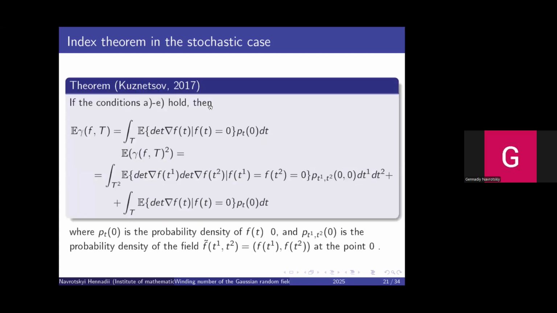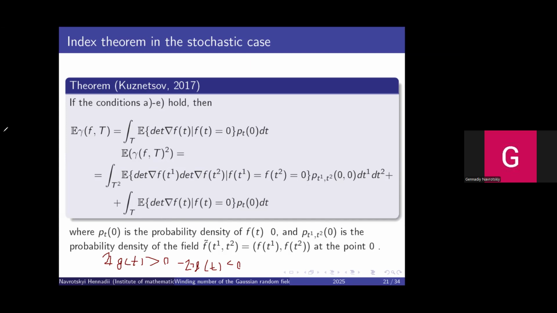And Kuznetsov proved that if the condition holds, then we can just use Rice's formula, but for such a choice of g, where g is the signum of the determinant of f prime of t.